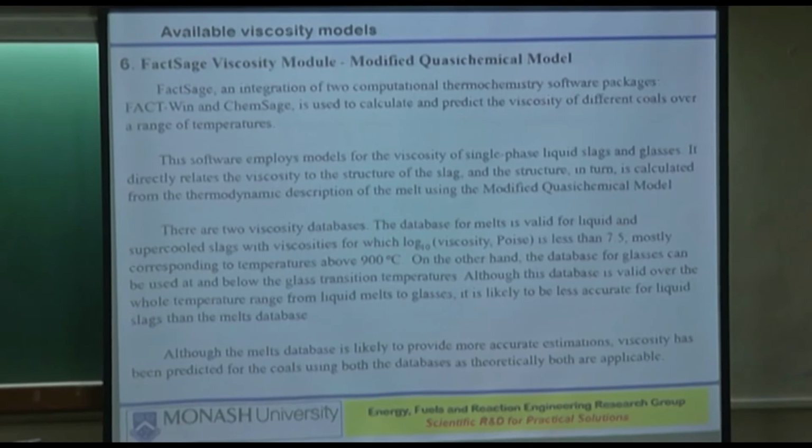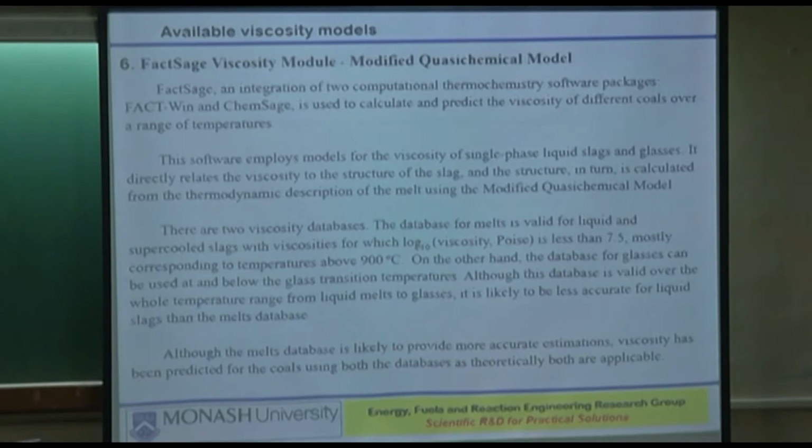This is a package called FactSage, which I mentioned before. FactSage is a thermodynamic equilibrium calculation package, but it can do a wide variety of calculations: gas, solid, solid interactions as well now.